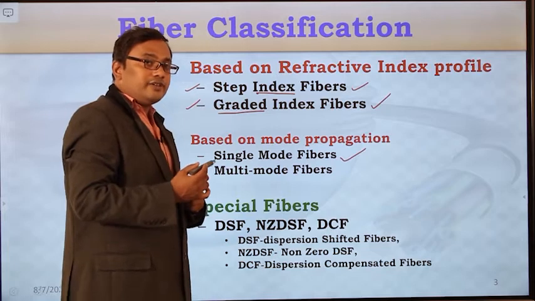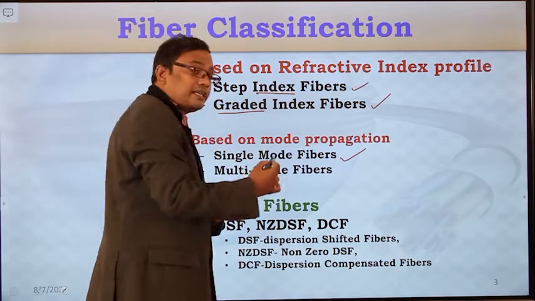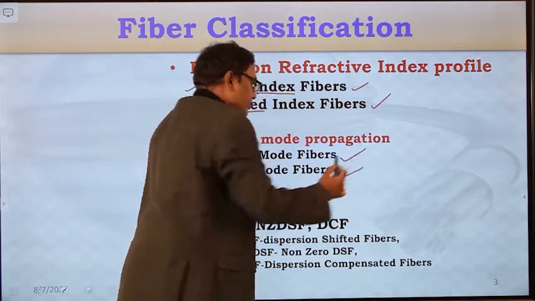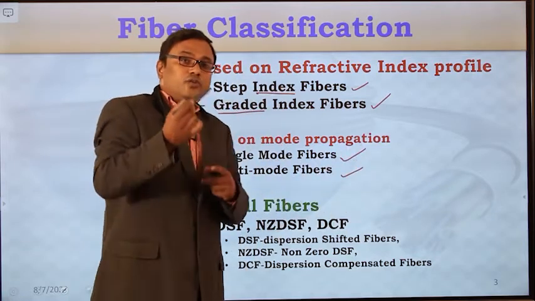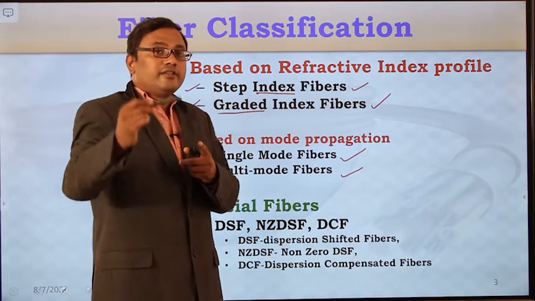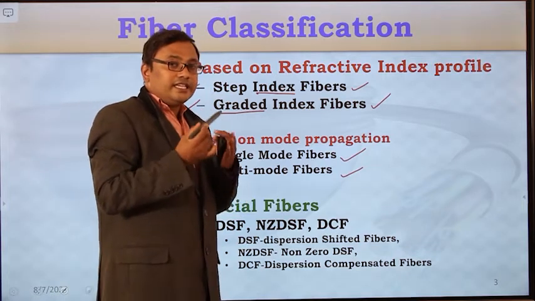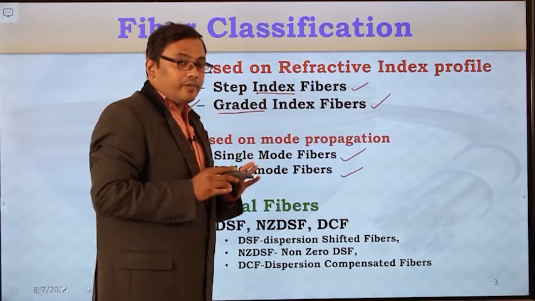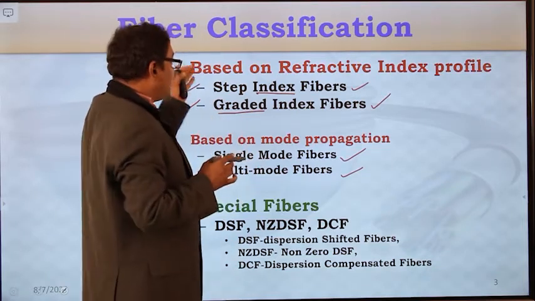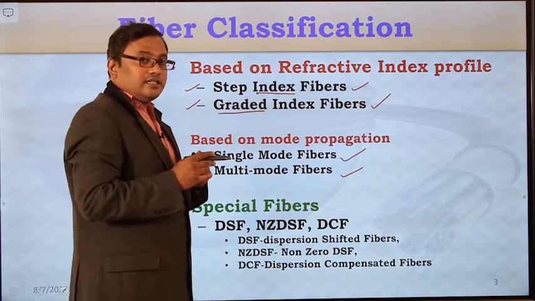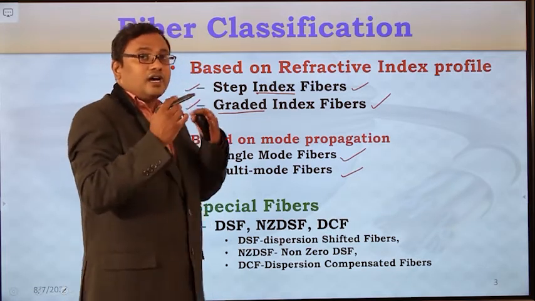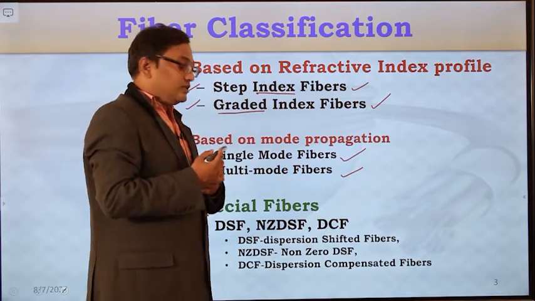And if the fiber cable accommodates multiple number of modes to propagate, that is the multi-mode fiber. So in single mode fiber, only one light ray will propagate, whereas in multi-mode fibers, multiple number of light modes will be propagated.